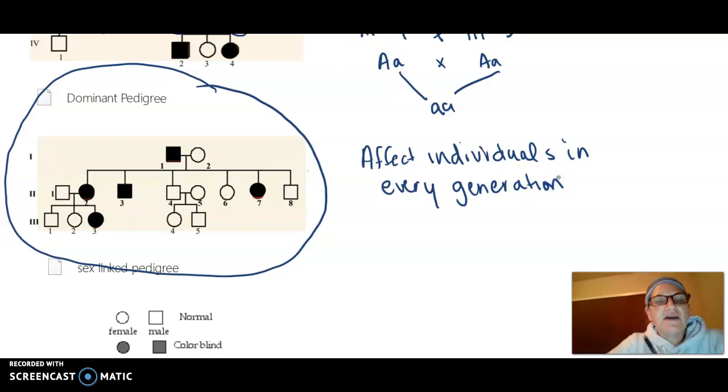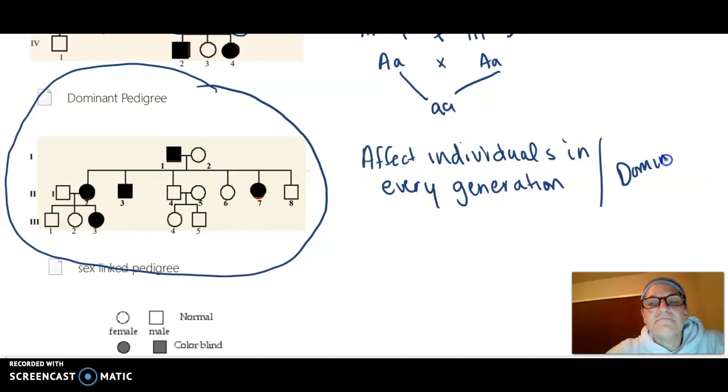If I have affected individuals in every generation, males and females both alike being affected, then that is a very high probability that this would be a dominant disorder.